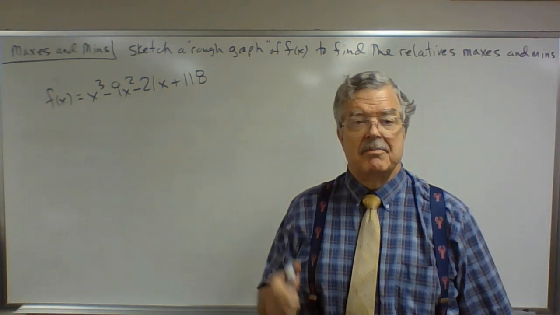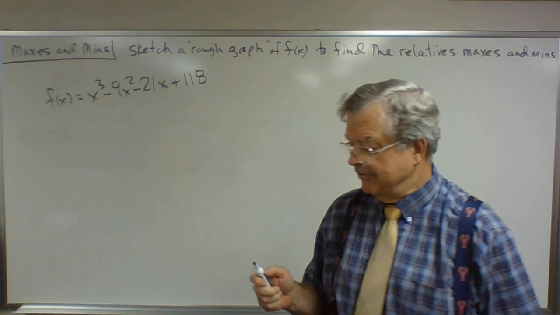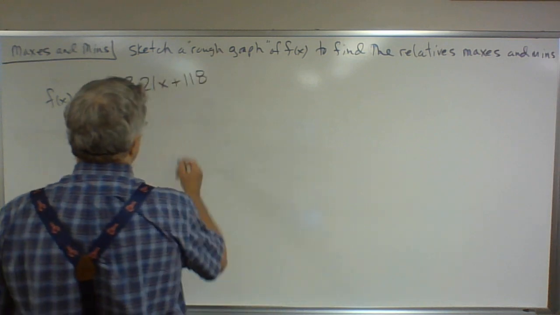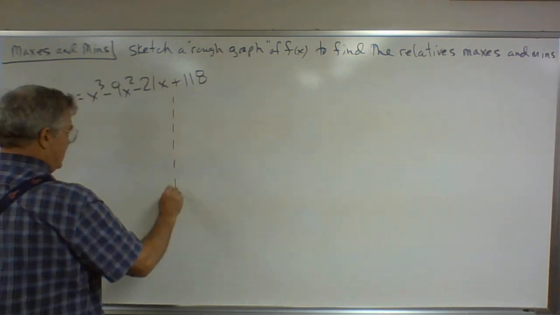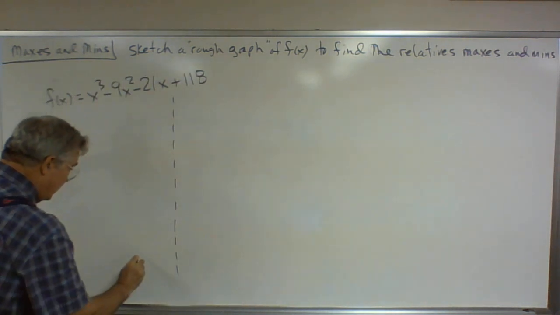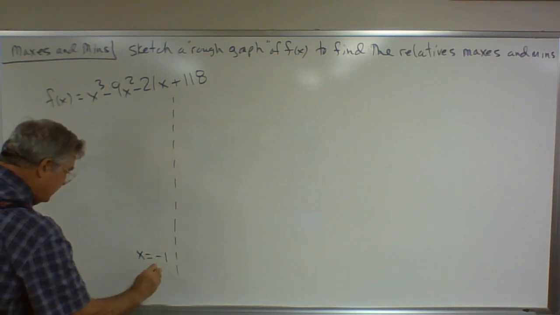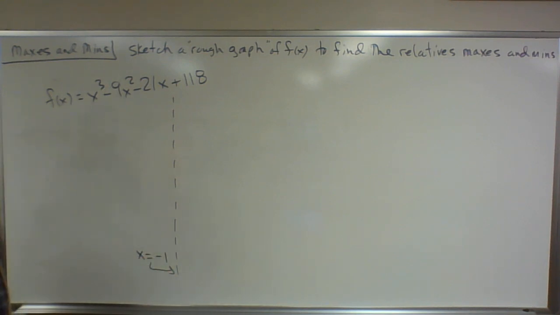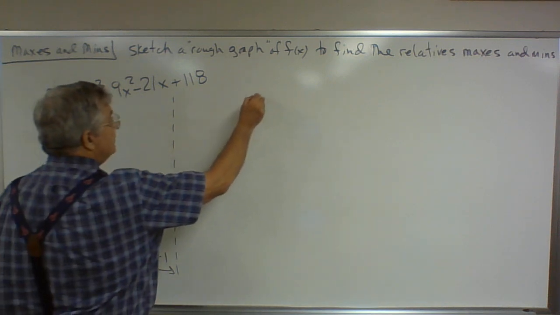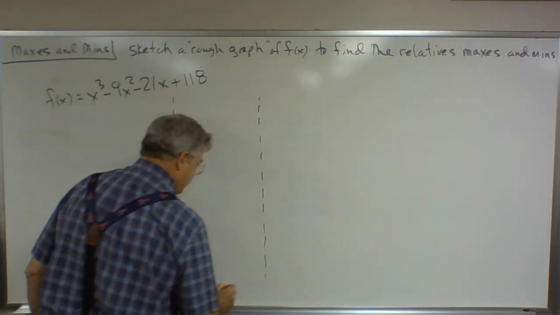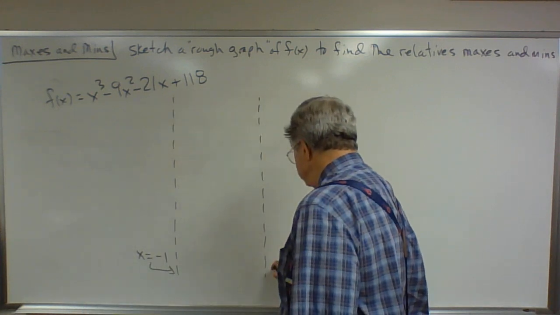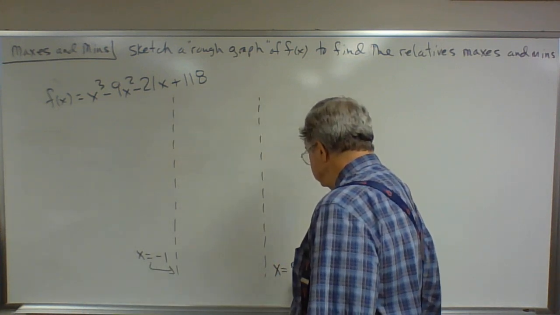The critical numbers give us the relevant information. So we'll sketch one vertical line corresponding to x equal negative 1, the first critical number. And we'll sketch another vertical line corresponding to x equals 7.